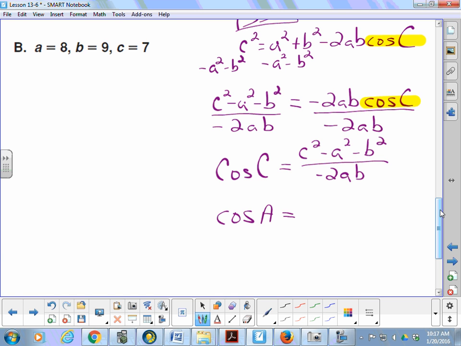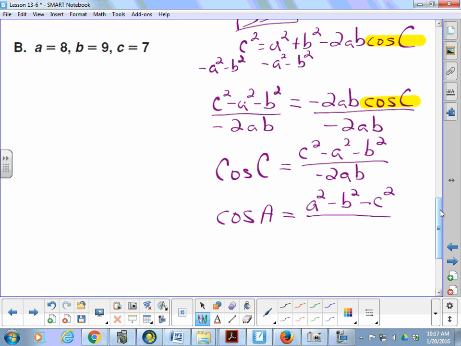So if I want to find angle A, what goes in the numerator? A squared minus b squared minus c squared. Good. A squared has got to be the one that's positive, and then I have to subtract the other two squared in the numerator.